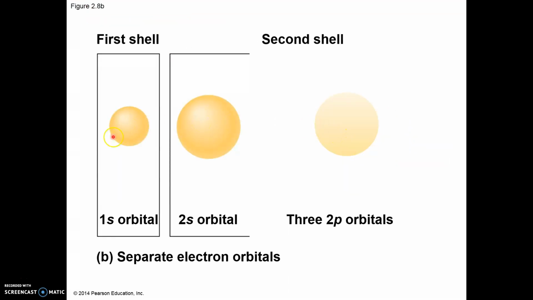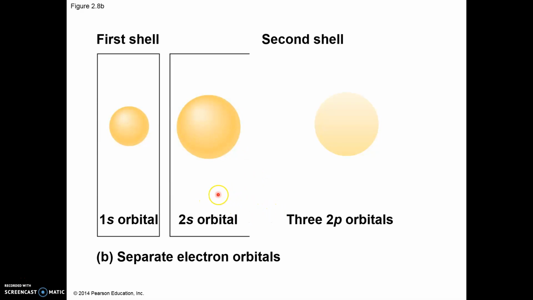So let's take a look at this first orbital, this 1s orbital. It is a spherical shape. The 2s orbital is a spherical shape. Each one of these orbitals can actually only carry 2 electrons. But wait a minute, didn't we say that the second energy shell can hold a total of 8?